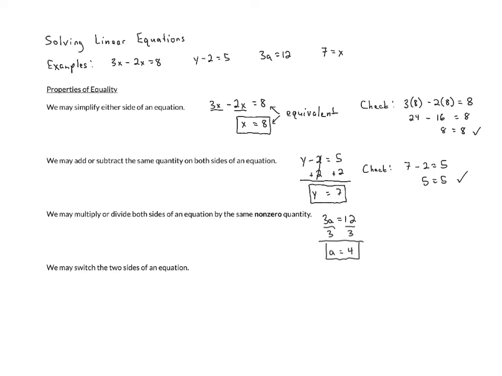Really quickly, I want to point out it says that we may multiply or divide both sides by the same non-zero quantity. We're not allowed to multiply or divide both sides of an equation by 0. That would be bad. If we took 3a equals 12 and we multiplied both sides by 0, 0 times 3a is 0, 0 times 12 is 0, and we get 0 equals 0, and we've effectively lost all of the information we had in the problem.